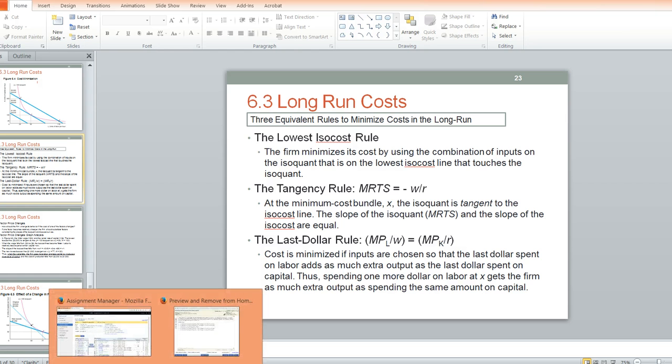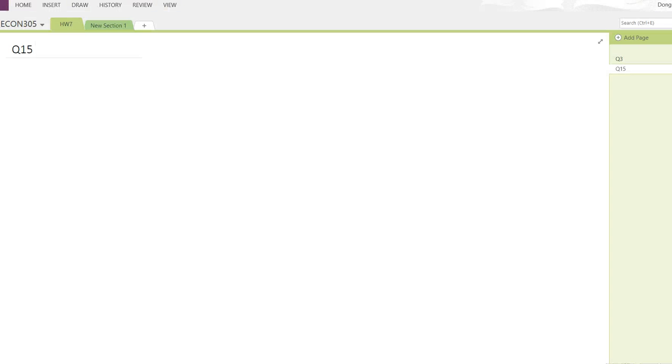So we just need to plug in the numbers to see whether this equation holds.